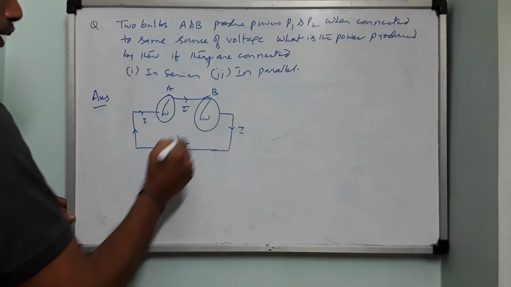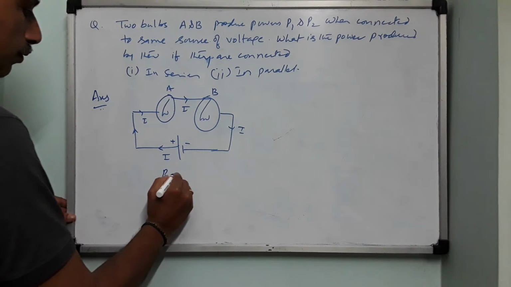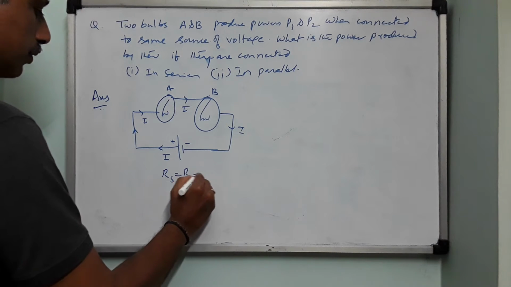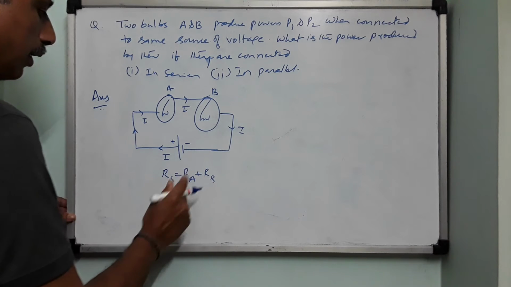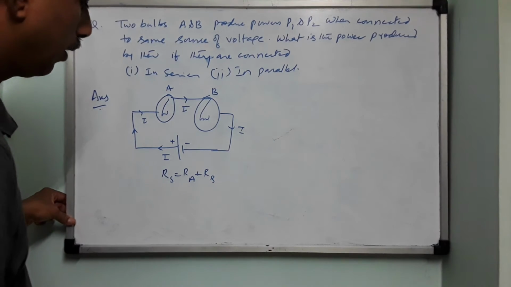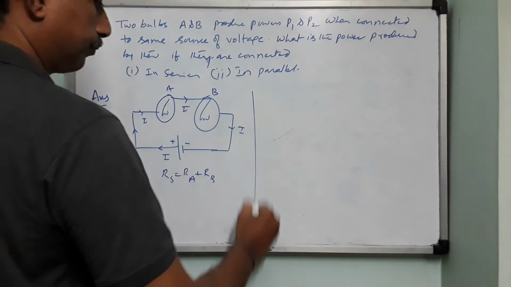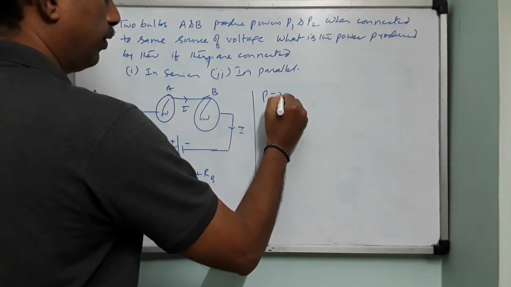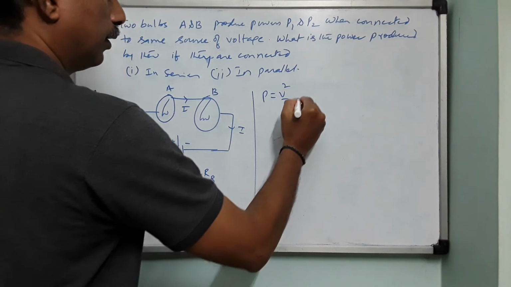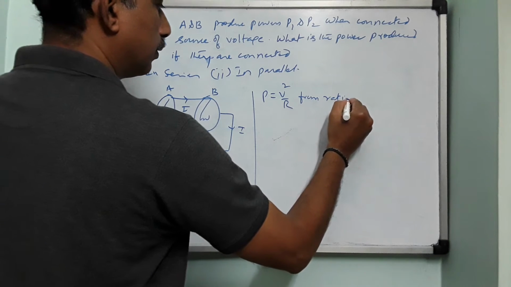As both are in series, R series equals RA plus RB: resistance of bulb A plus resistance of bulb B. But how do you calculate the resistance of a bulb? We use the formula P equals V square by R. This is to be calculated from the rating of the bulb.